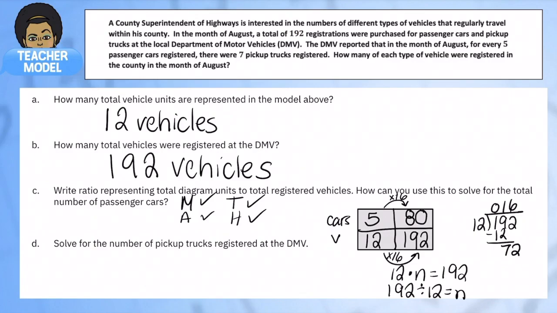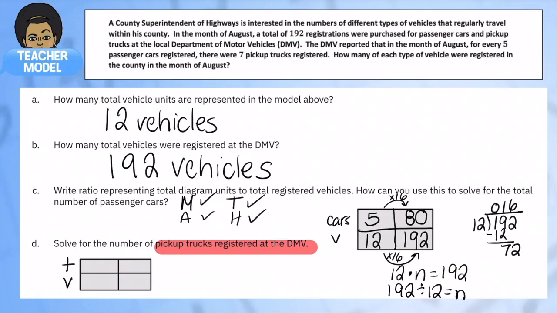We're going to use math again because now we're going to solve for the number of pickup trucks registered. So we're going to do the same thing. I'm going to draw my square. For math, I'm going to make a table. And this time we're talking about trucks and vehicles.